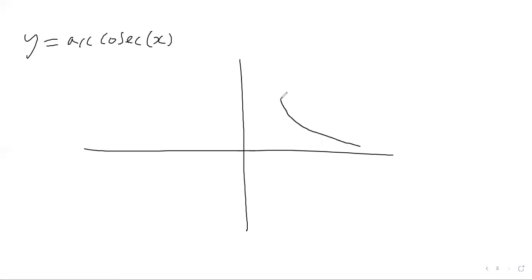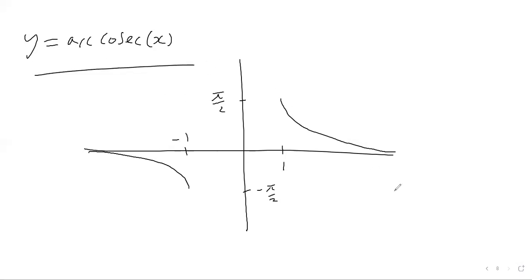Tending to 0 as x tends to infinity, and tending to 0 as x tends to negative infinity, something like that. You've got 1 there, you've got pi over 2 up there, and you've got -1 there, and negative pi over 2 on the y-axis. So that is what the arc cosec function looked like from the previous video. And again, we can clearly see that the domain is, as we just said on the previous slide, modulus of x greater than 1.